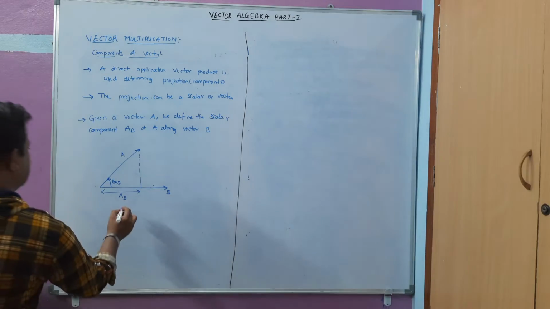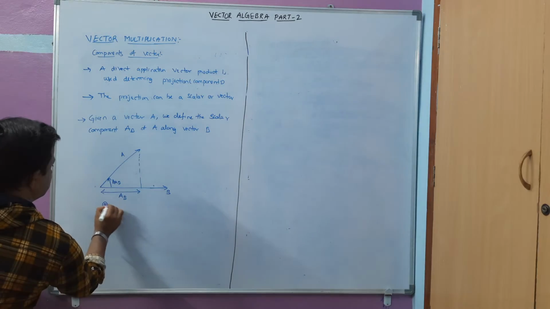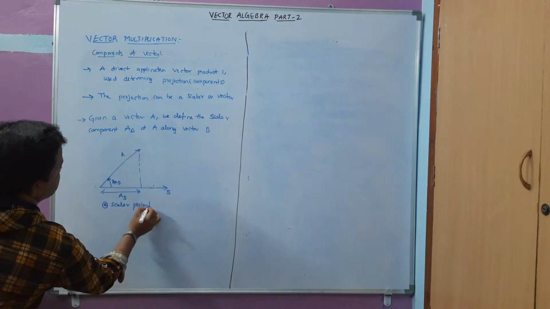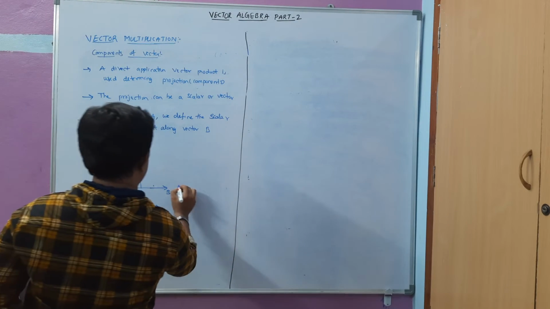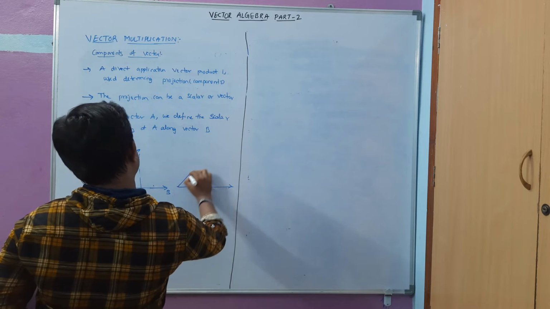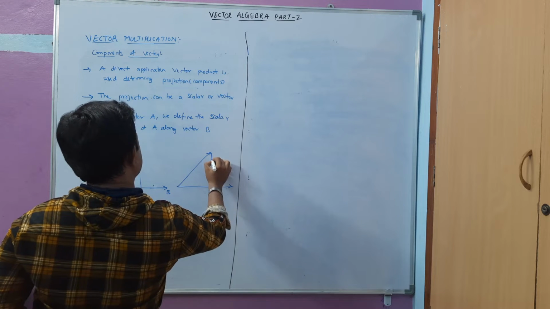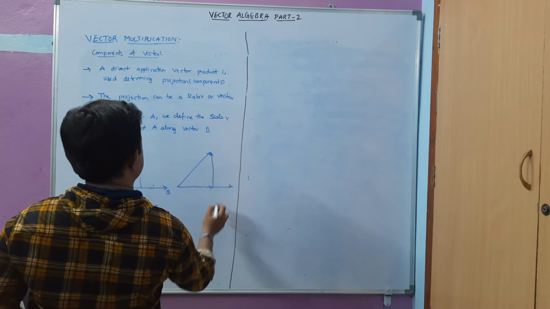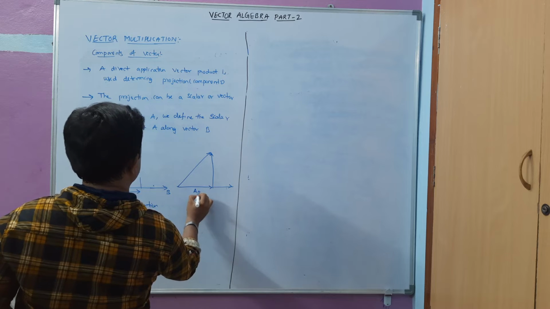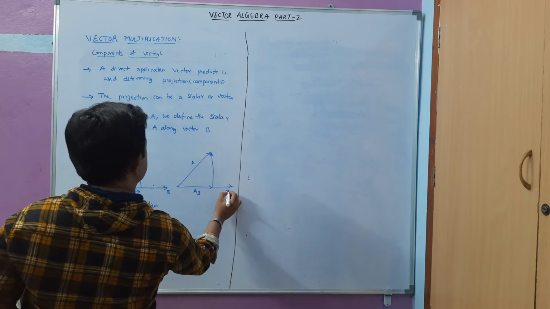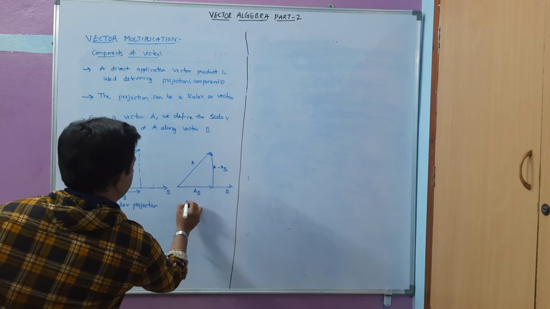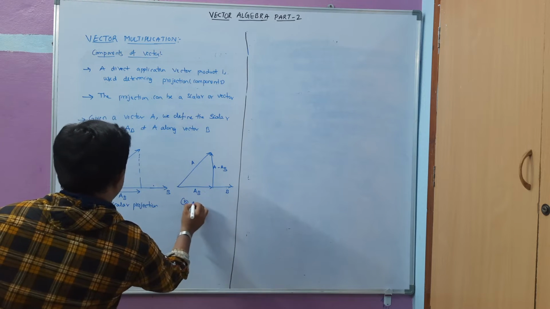Now this is a scalar projection, and I will write here the vector projection also, the diagram here, so vector projection, this is the second diagram.